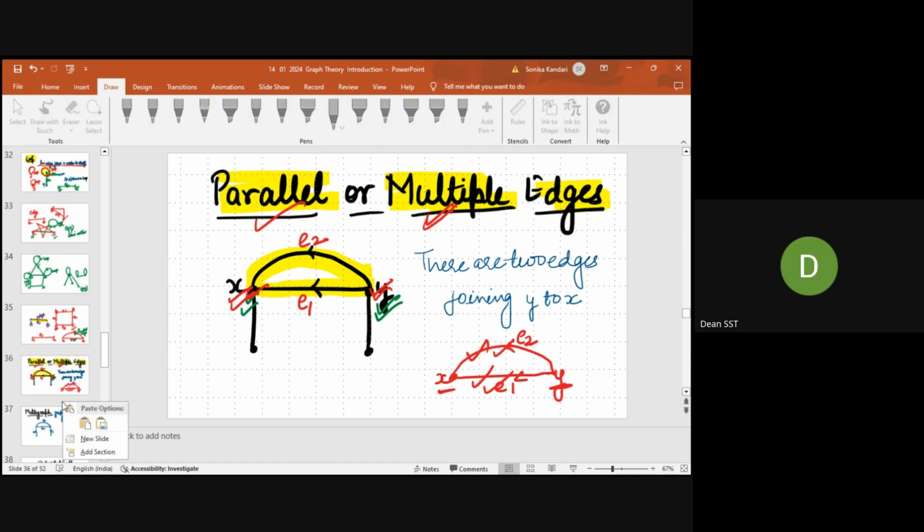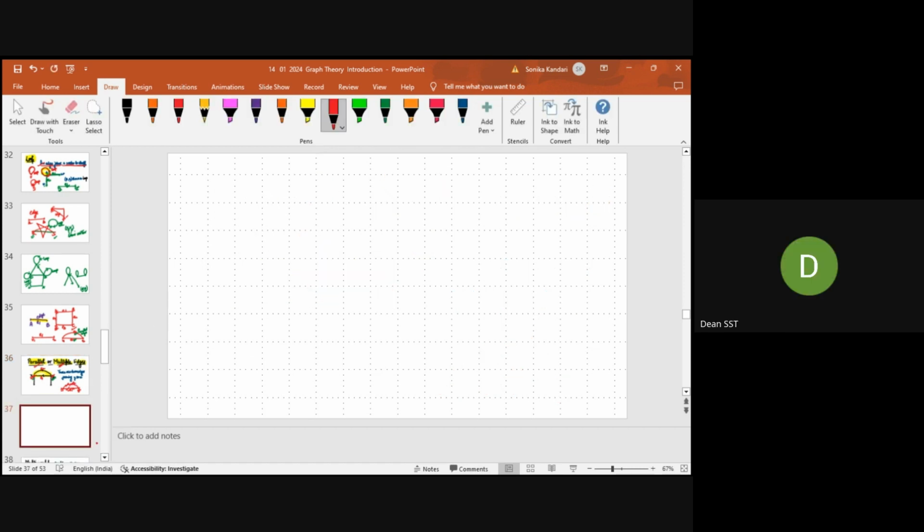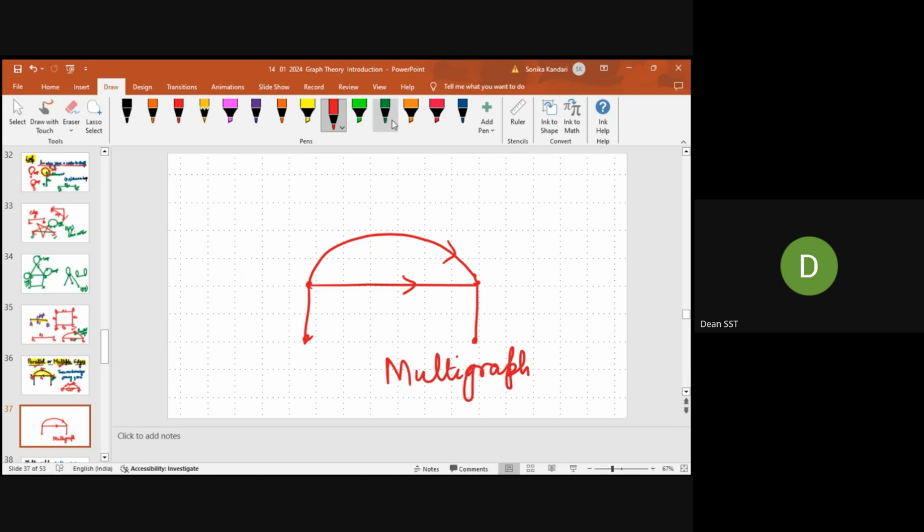Okay. So any graph in which we see parallel edges is known as a multi-graph. And these edges are known as parallel edges or multiple edges.